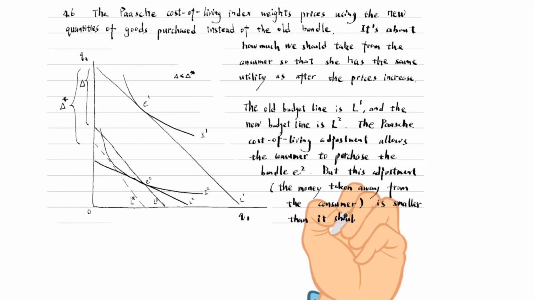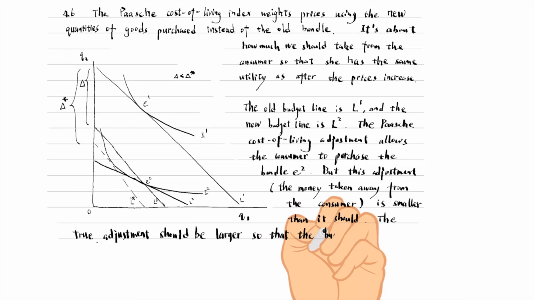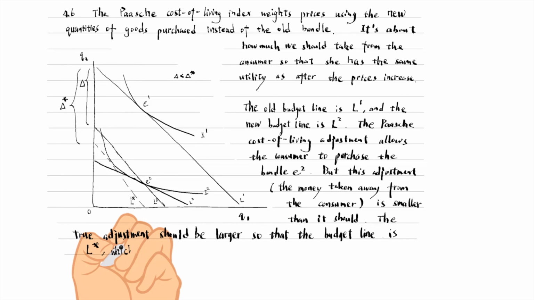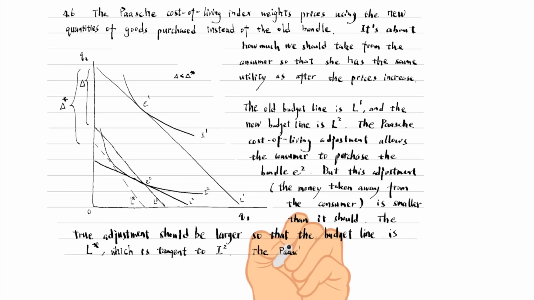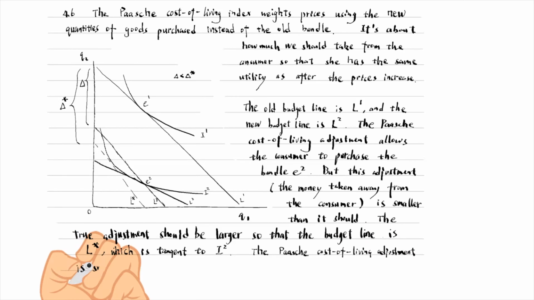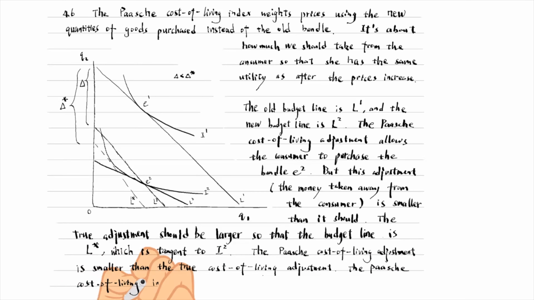The true adjustment should be larger so that the budget line is L star, which is tangent to I2. The Paasche cost of living adjustment is smaller than the true cost of living adjustment. The Paasche cost of living index underestimates the rate of inflation.